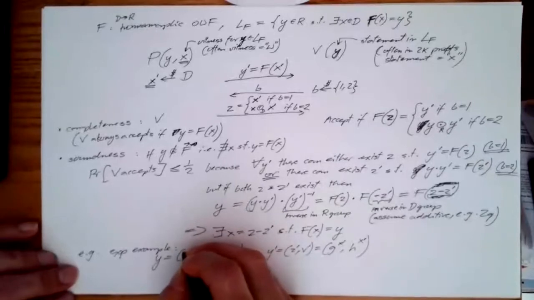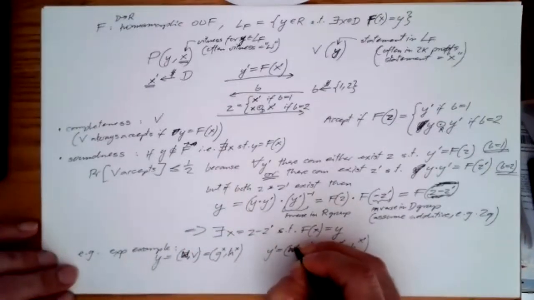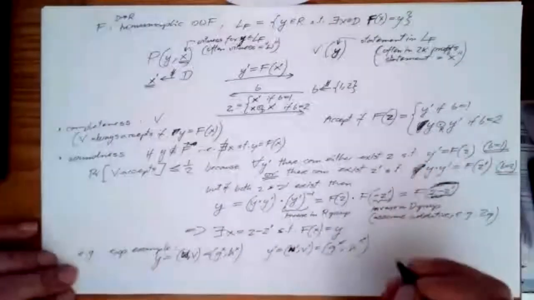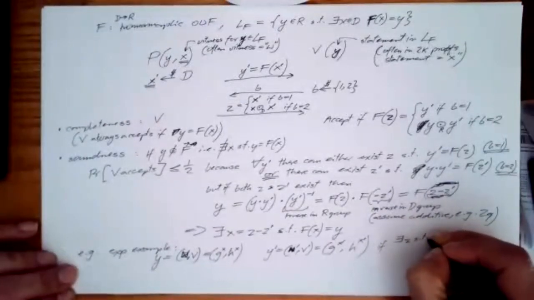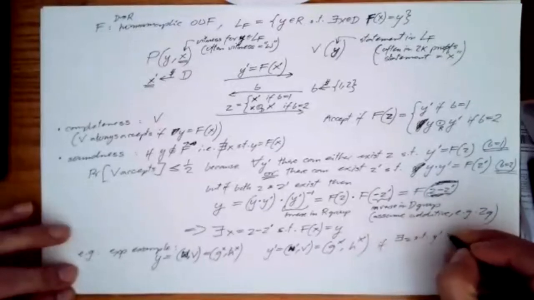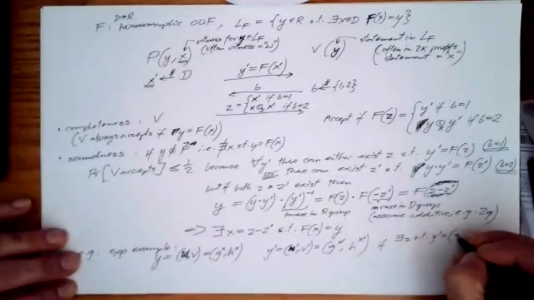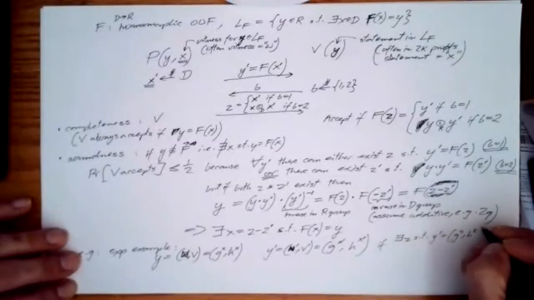Well, I guess I will call it w, and I will call it w prime. So let's say if there exists z such that y prime is g to the z, h to the z, right?